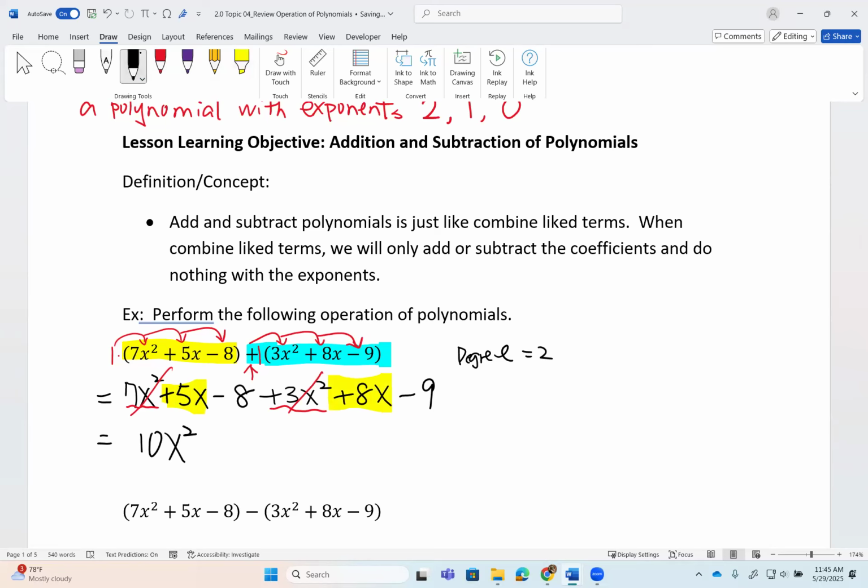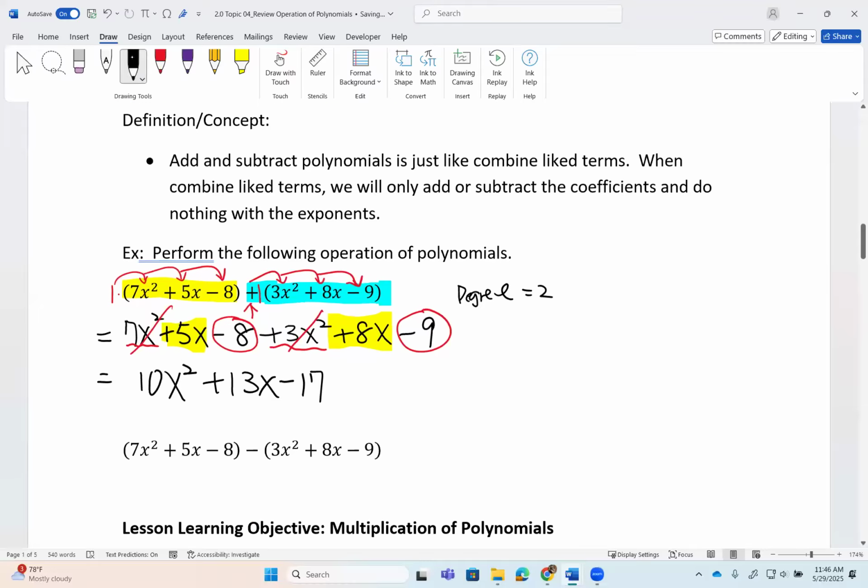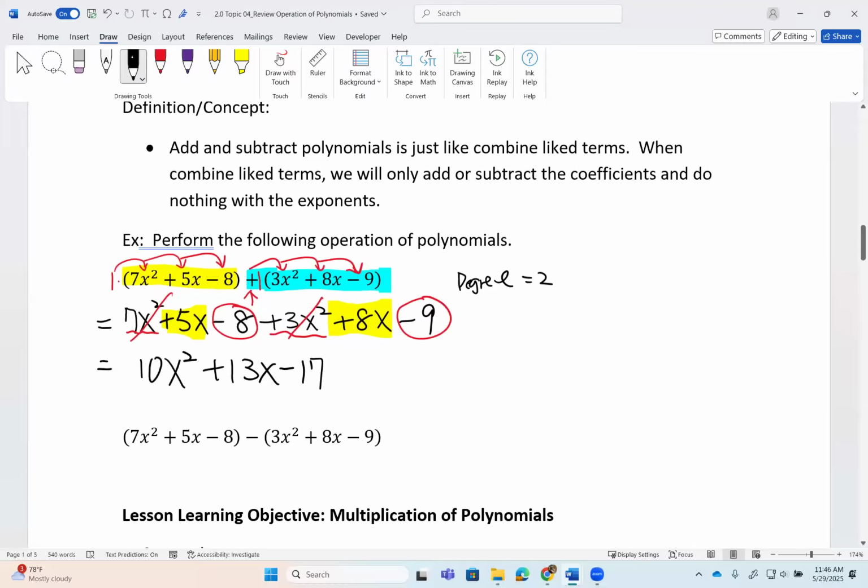That should be positive 13x. Combine like terms, negative 8 minus 9. Terms with the same sign, we add. So that will give me 17. Because both terms are negative, my answer is negative 17. So once I add these two polynomials together, I get 10x squared plus 13x minus 17.